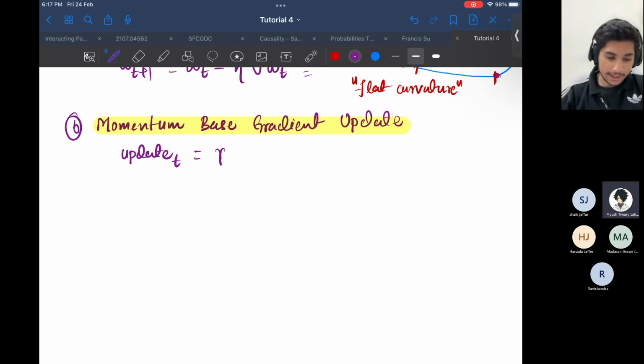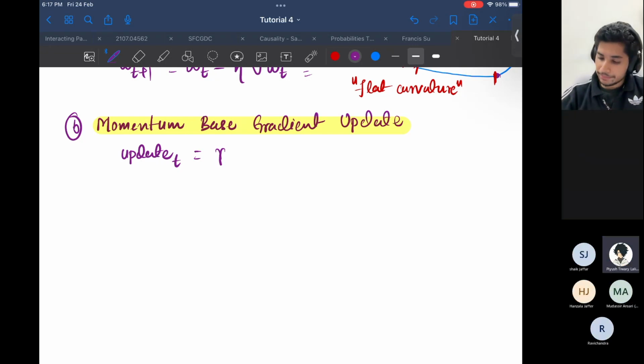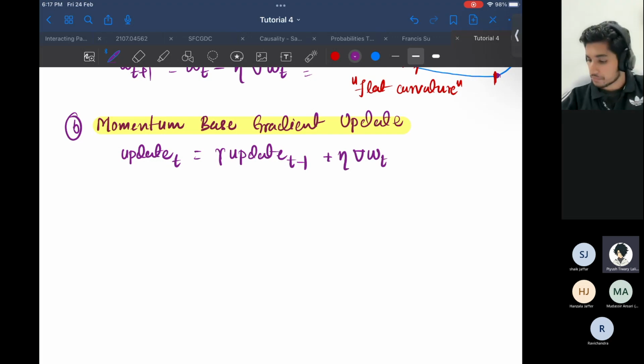So the idea is that at time instant t, you calculate what your update is going to be. The update is update_{t-1} plus eta times the gradient with respect to w_t.